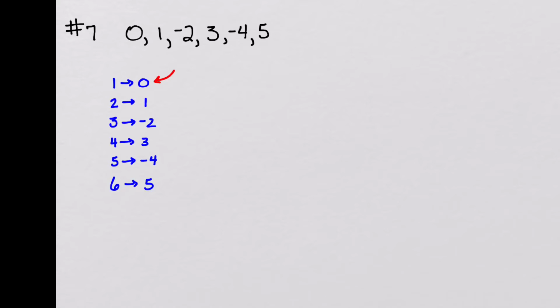So for the odd terms, we get negatives, just as we did in the last problem. So when I write my solution, I'm going to say a sub n equals, and I'm going to take -1 and raise it to the n power again, because the odd numbers are associated with negatives and the even numbers are associated with positives.